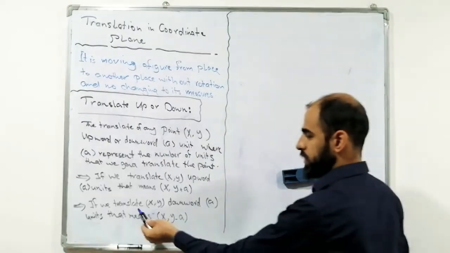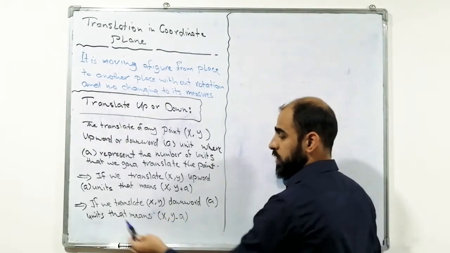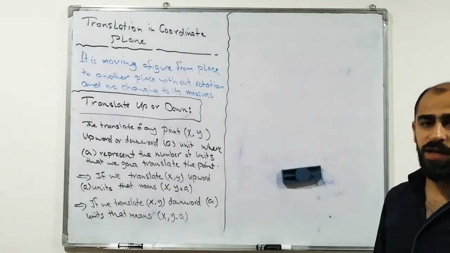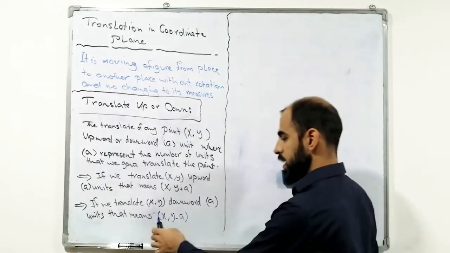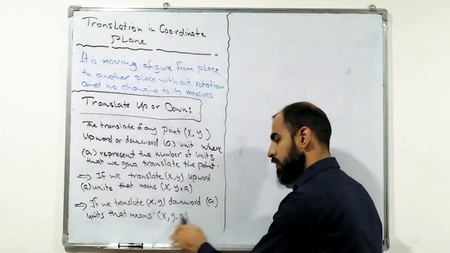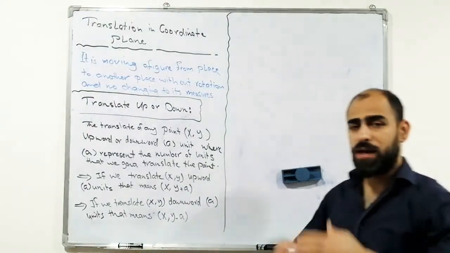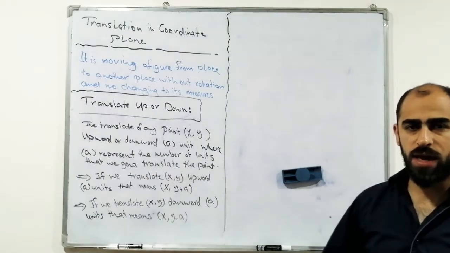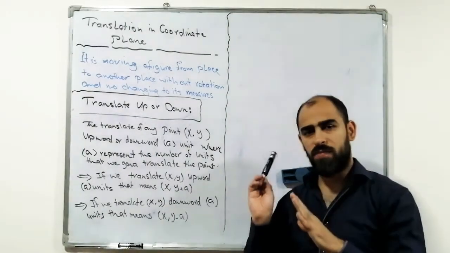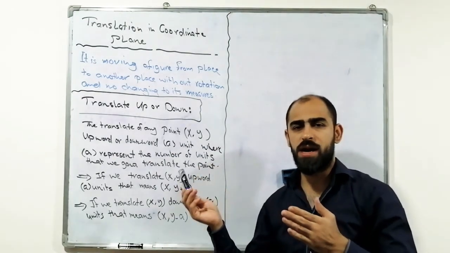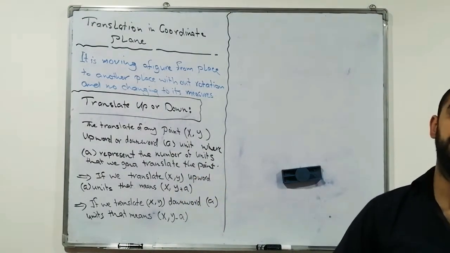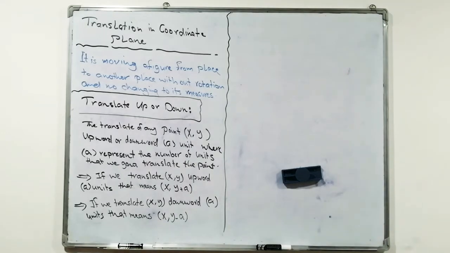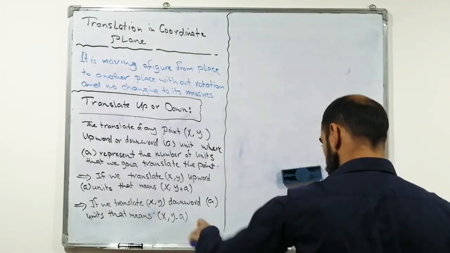Now if we translate (x, y) a unit downward, to the negative side of y, that means (x, y minus a). يعني إذا كان الانسحاب للأعلى راح نضيف ل y، إذا كان الانسحاب للأسفل راح نطرح من y. بينما مثل ما عرفنا النوع الأول إذا كان الانسحاب لليمين راح نضيف ل x، إذا كان الانسحاب لليسار راح نطرح من x.